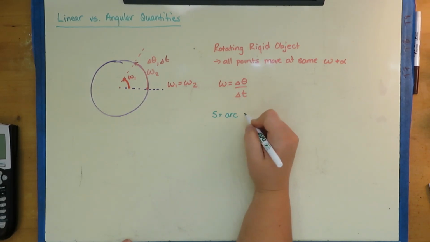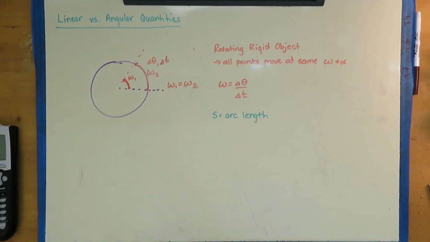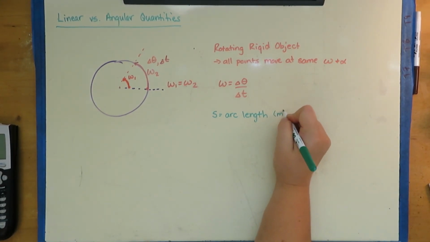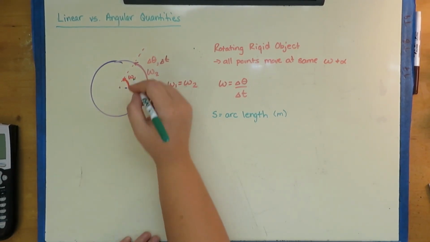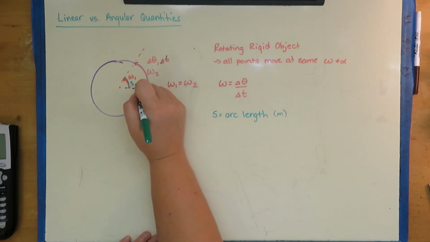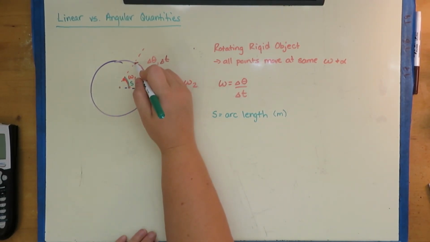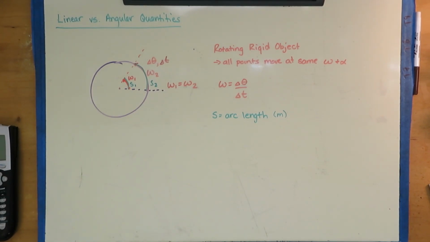We use the lowercase s. I think that's what you do in pre-cal as well. And its standard unit would be meters, although you'll often see this in centimeters and things, but the SI unit is meters. So the arc length would be the arc path traveled. There would be an arc length here for this one, and there would be an arc length for that one.